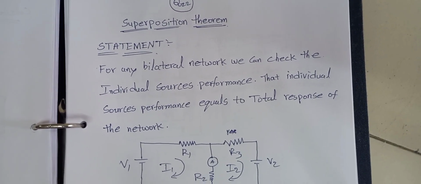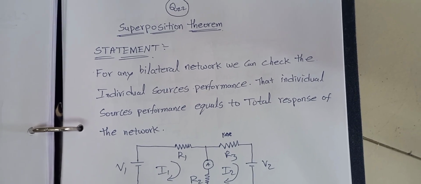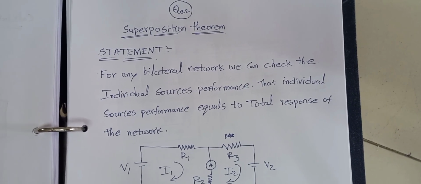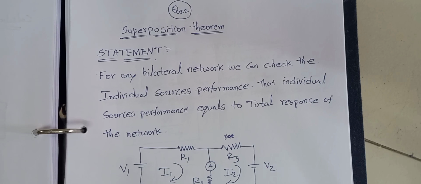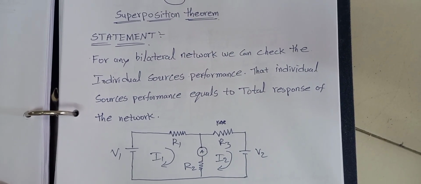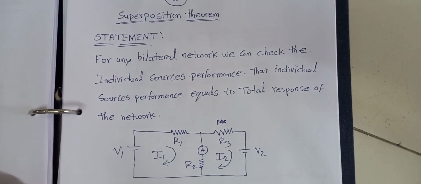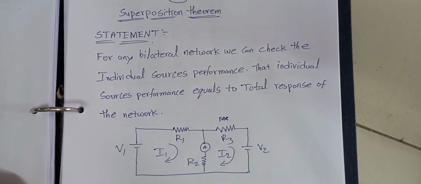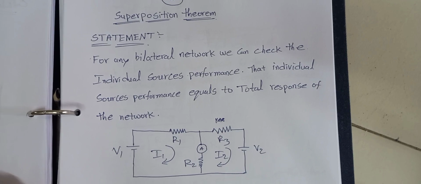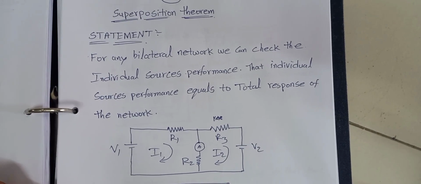You remember in the previous cases, Thevenin's theorem and Norton's theorem, even if the network is not bilateral we can solve it. But for the superposition theorem it is mandatory to take a bilateral network, because bilateral means at least two or more sources in the given network.